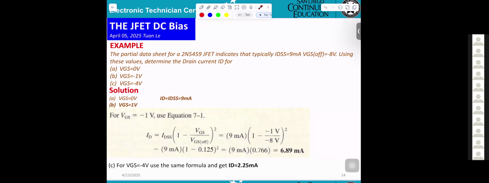They want to determine the drain current ID. You know the formula here: ID equals IDSS times 1 minus VGS over VGS off, squared. And you're able to calculate that.